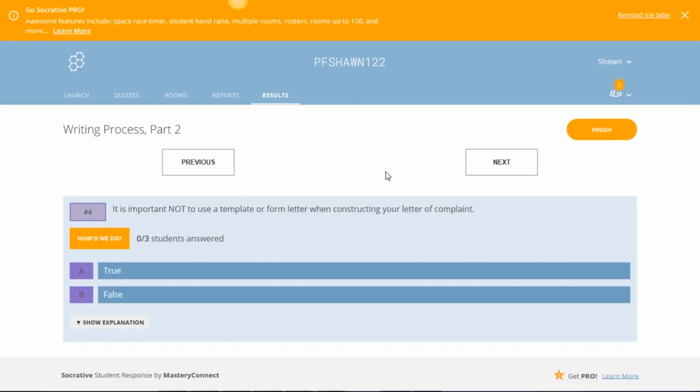Okay, question 4. There's only a couple more, I think. It is important not to use a template or form letter when constructing your letter of complaint. Is that true or false? A, true, or B, false?